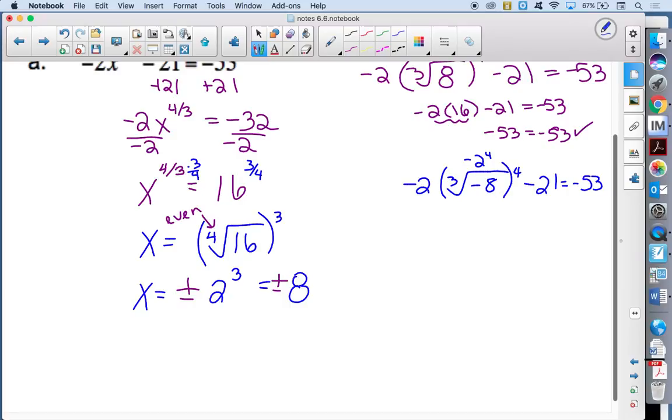So -2 to the 4th is still positive 16. Because -2 times -2 is positive 4, times -2 is -8, times -2 is positive 16. And then -21 equals -53. So this again is -32 minus 21. -53 does equal -53. So in this case, both of them work.